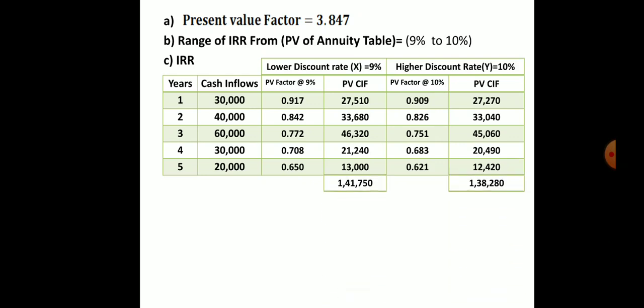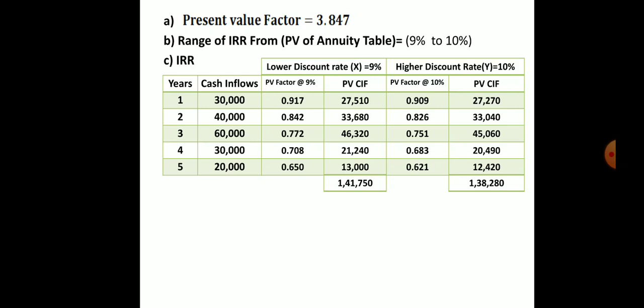Next we will make a total of that. For the lower discount rate of 9%, the total present value of cash inflow is 1,41,750. For 10% it is 1,38,280. So always, students, while calculating the range, the actual cash outflow is 1,38,500.